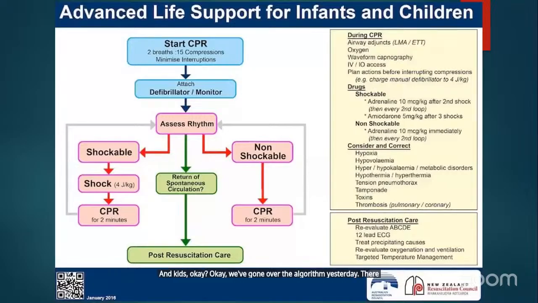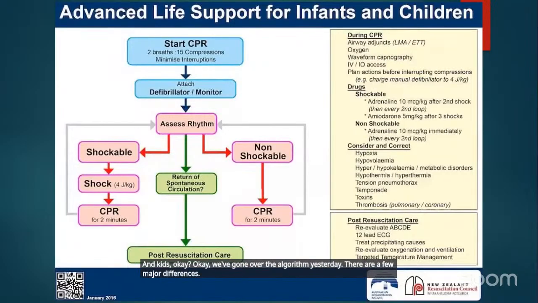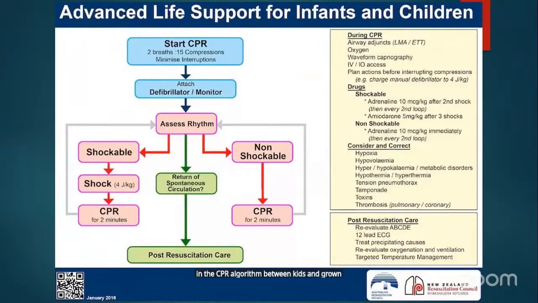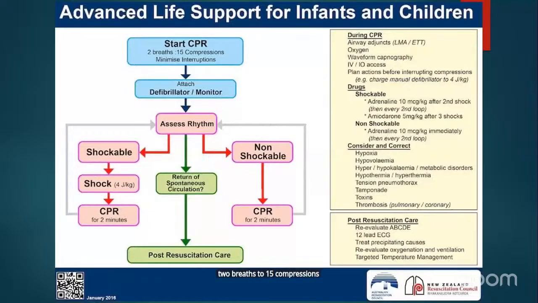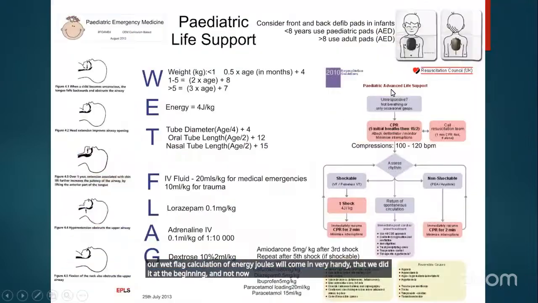There are a few major differences in the CPR algorithm between kids and grown-ups, but essentially, once we've confirmed that there is no sign of life, we start CPR with 2 breaths to 15 compressions, minimizing interruptions. We attach a defibrillator or monitor, and right now, our wet flag calculation of energy joules will come in very handy, that we did at the beginning and not now in an emergency.